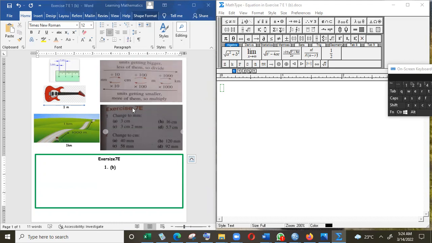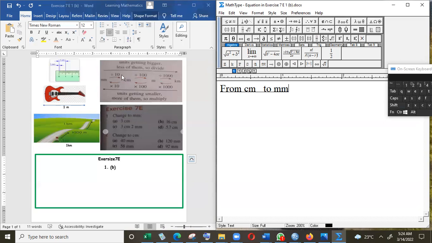So let's do exercise 7E, number 1B. It says change 2 centimeters to millimeters.